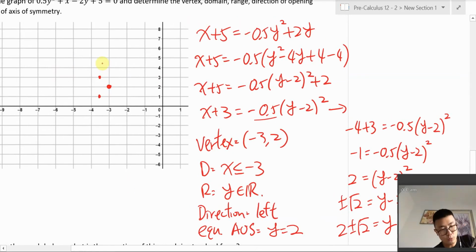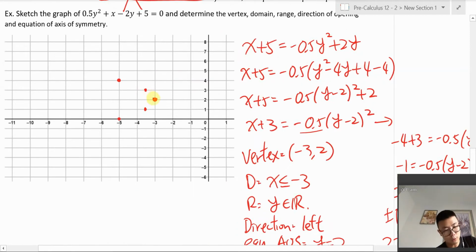And if we go 2 up, it's going to go 2 to the left. And 2 down, 2 to the left. If we go 3 up, it's going to be 4.5, which is not a nice number, so I'm not going to do it. Okay, so there is our graph.